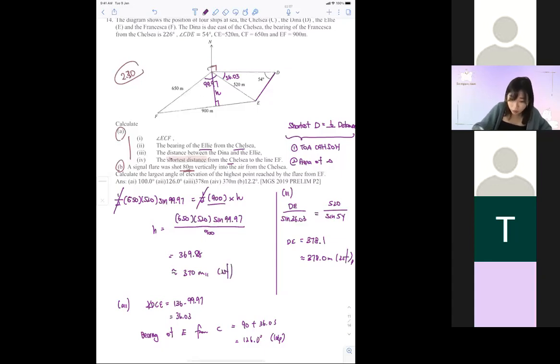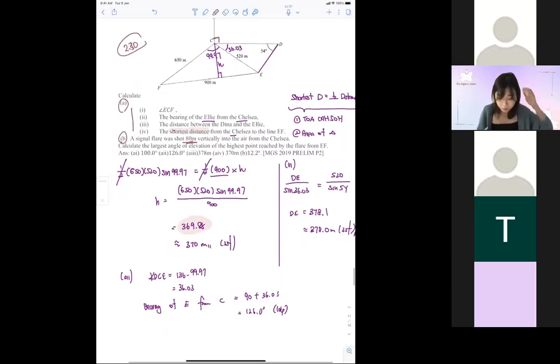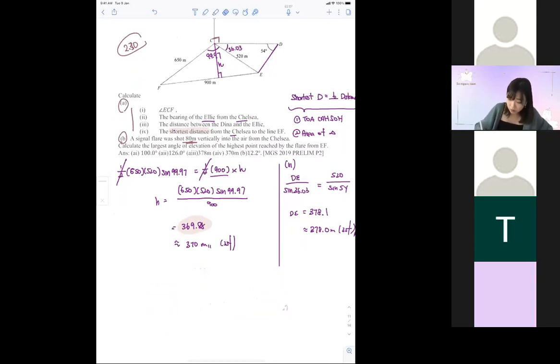Always write the raw value in case later on you must use this value. I'll give you time to copy.